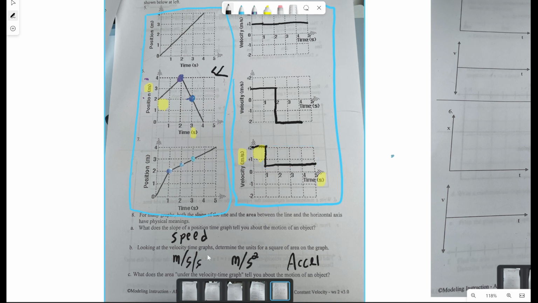I'm not entirely sure what they're asking about. In this case, one correct answer might be the fact that if you get to the negative area, you're moving backwards, right? Just like we saw with number 5 or whatever this is right here, number 6.